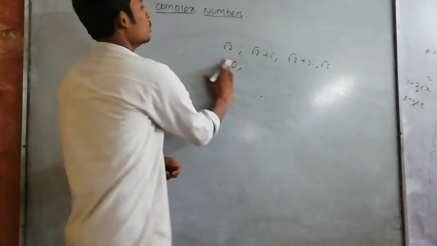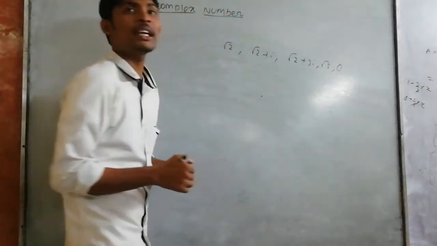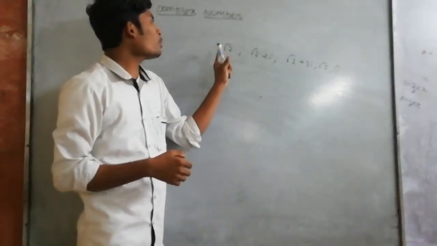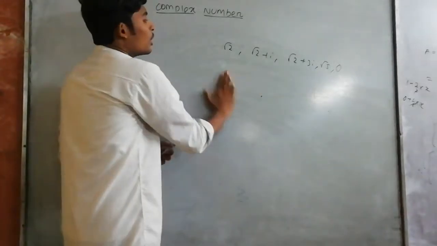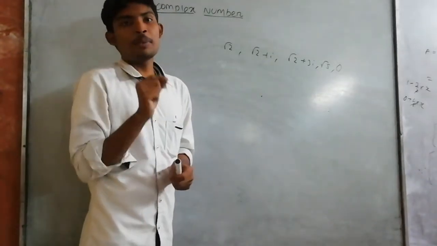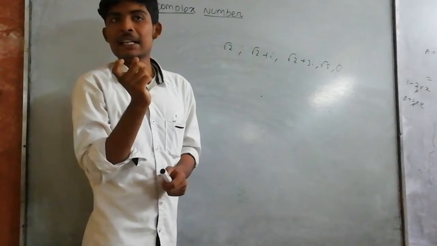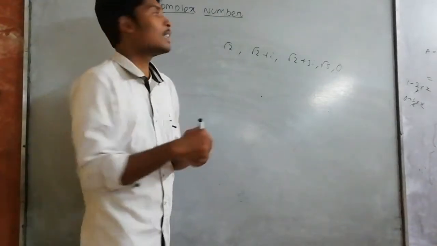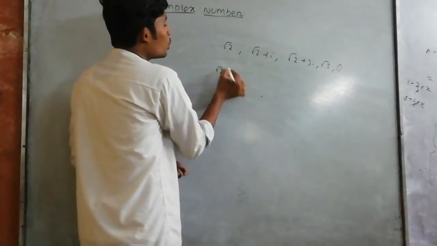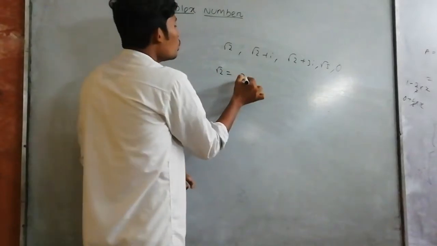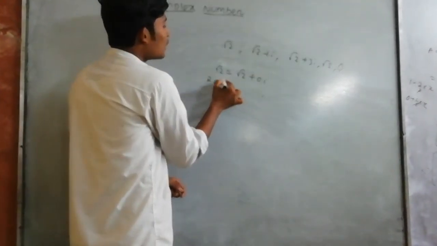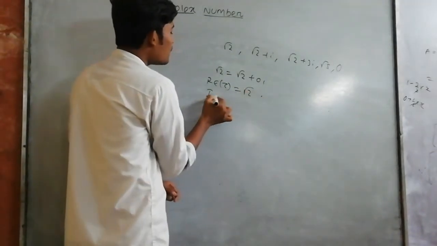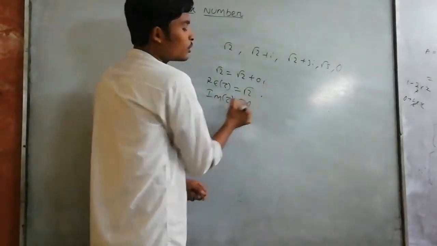Remember, in z equal to a plus ib, a is the real part and b is the imaginary part. So root 2 can be written as root 2 plus 0i. So here the real part is root 2 and the imaginary part of z is 0.